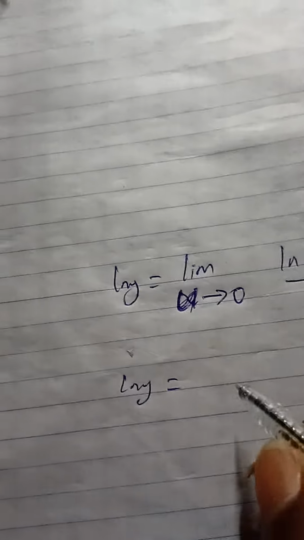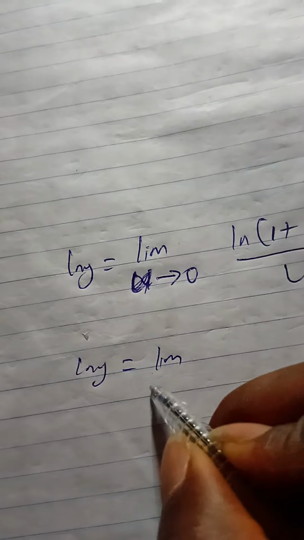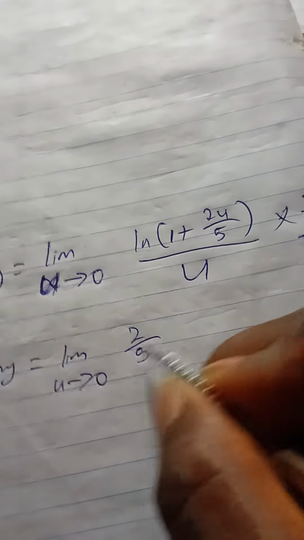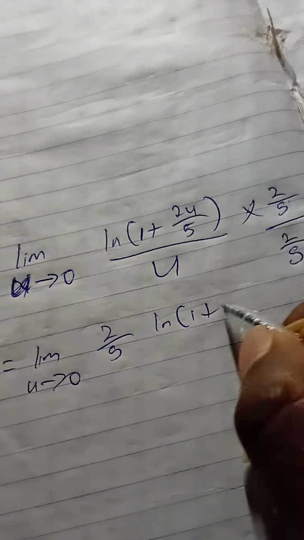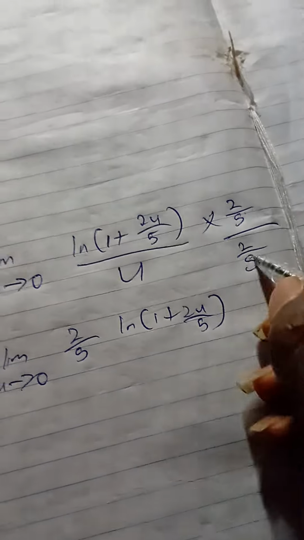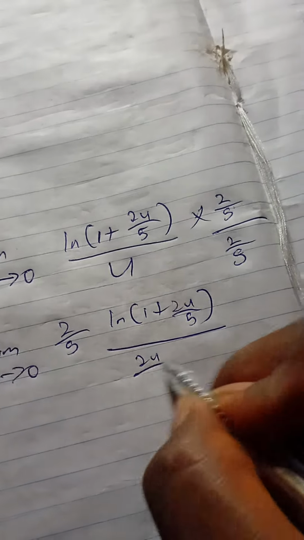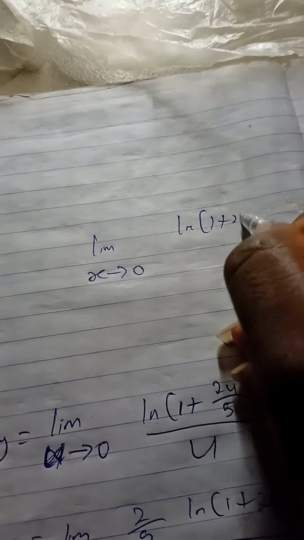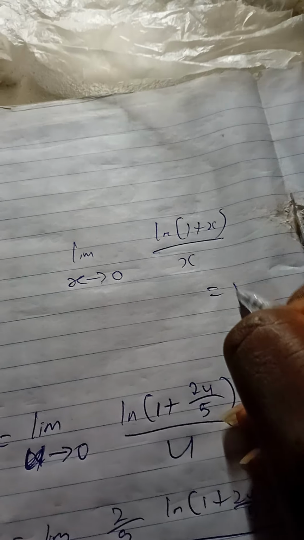So now ln y equals what? Limit as u tends to 0 of what? 2 over 5 times this, you have 2 over 5 ln 1 plus what? 2u over 5. 2 over 5 times u, you get 2u over 5. Do we remember the standard limit, that limit as x tends to 0 of ln 1 plus x over x equals 1?